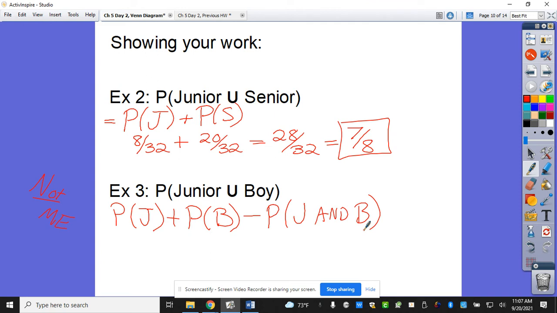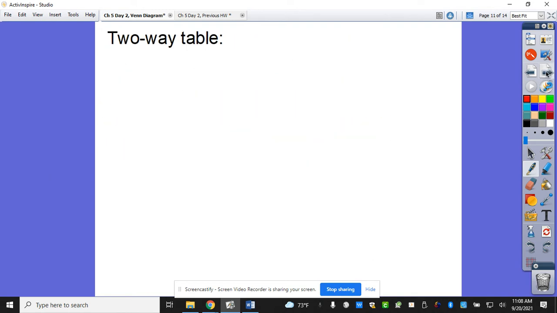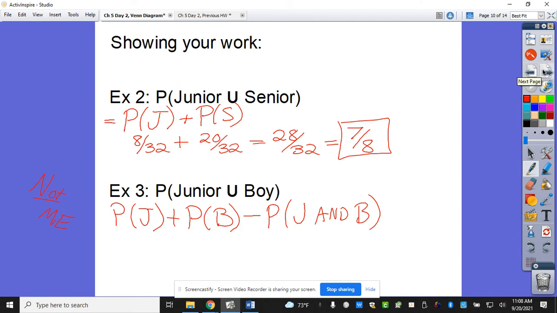So I've got to think about this if I have a Venn diagram. What is my probability that it's a junior? How many total are in the junior circle? 8. So this one gives me 8 out of 32.